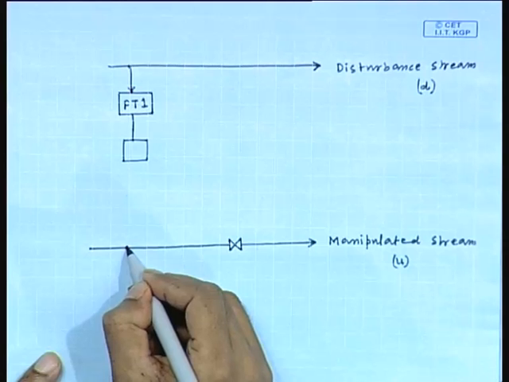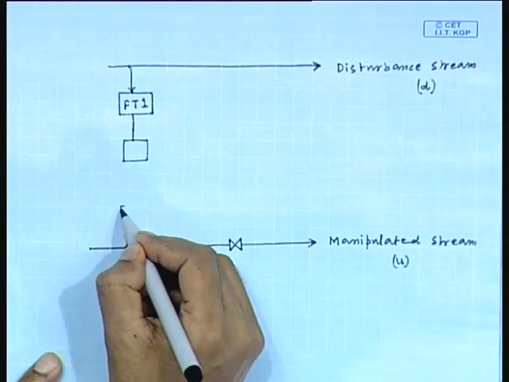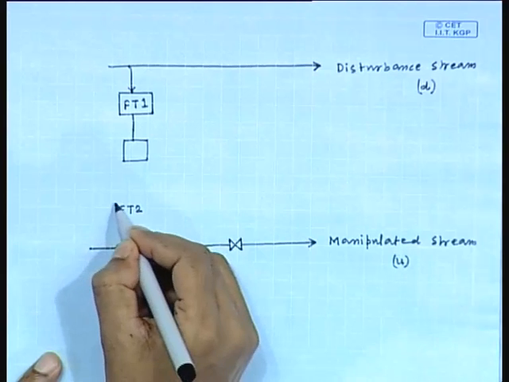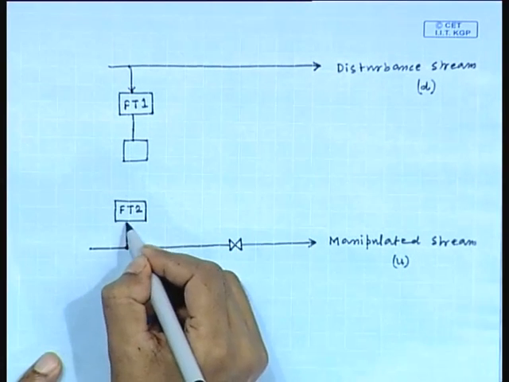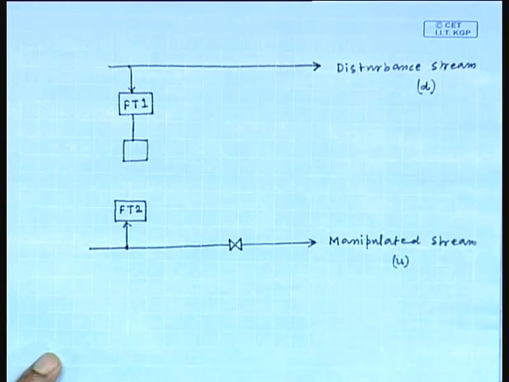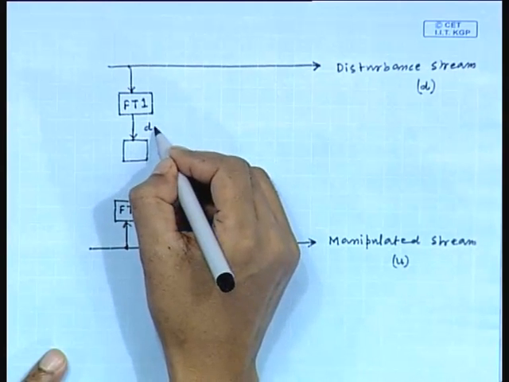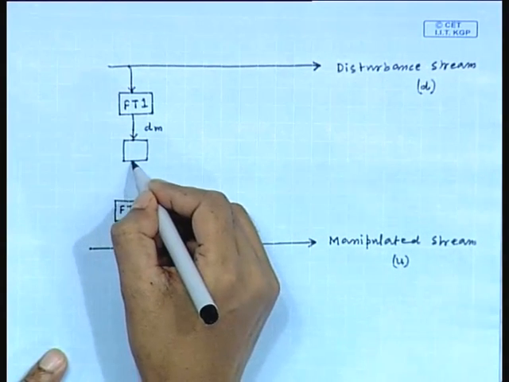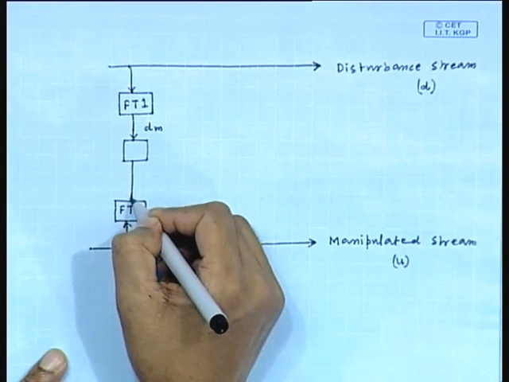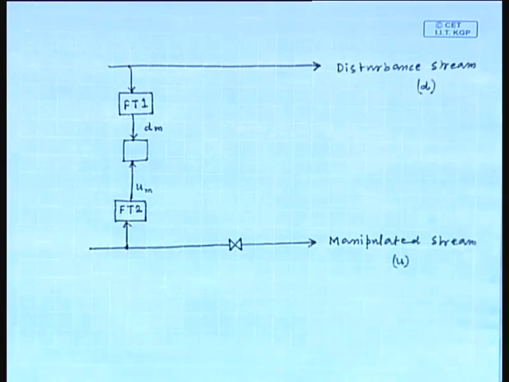Similarly, we can measure this manipulated variable using another flow measuring device, that is FT2. So, this is say D suffix m, and this is suppose U suffix m.